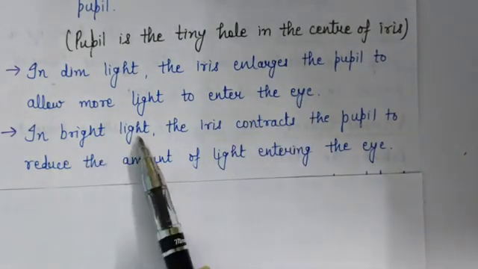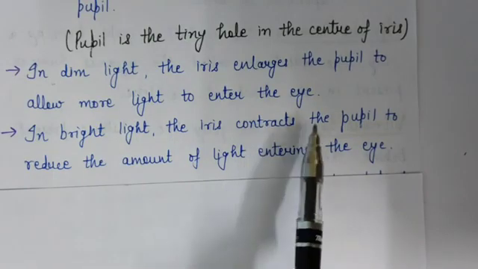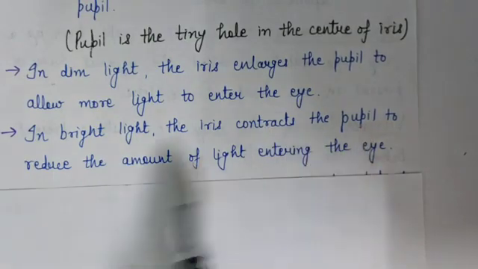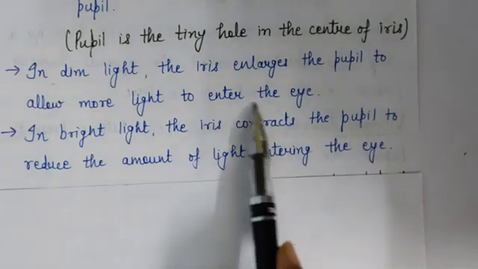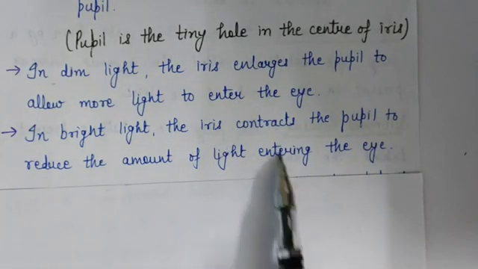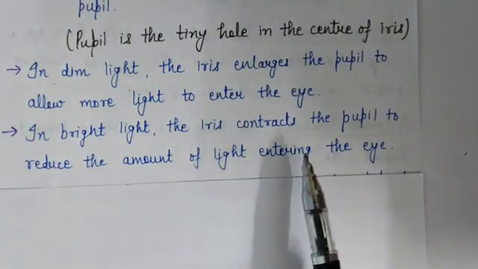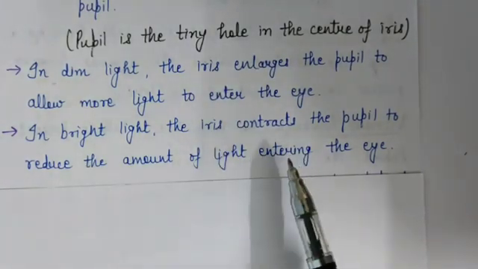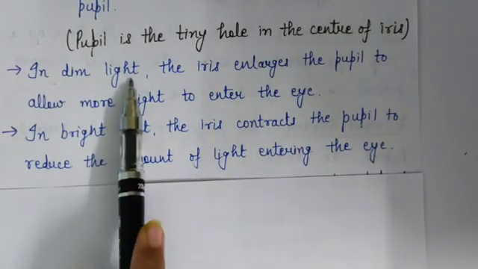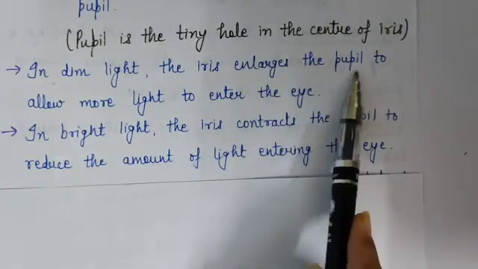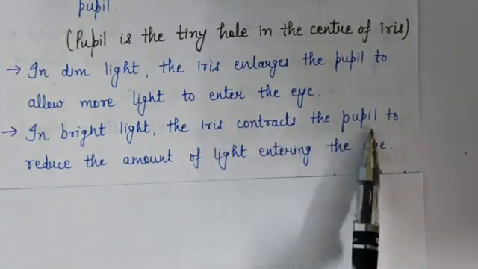And in bright light, the iris contracts the pupil to reduce the amount of light entering the eye. Means in both cases, the iris changes the size of the pupil according to the amount of light.